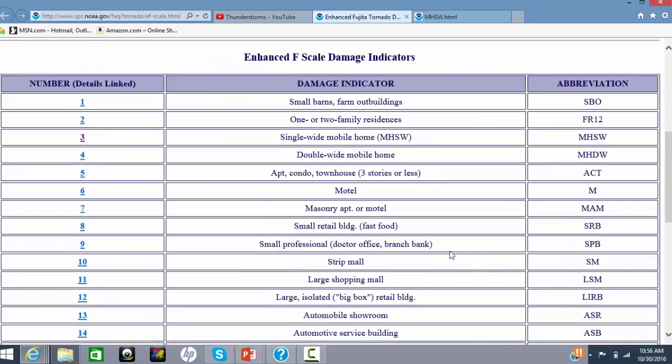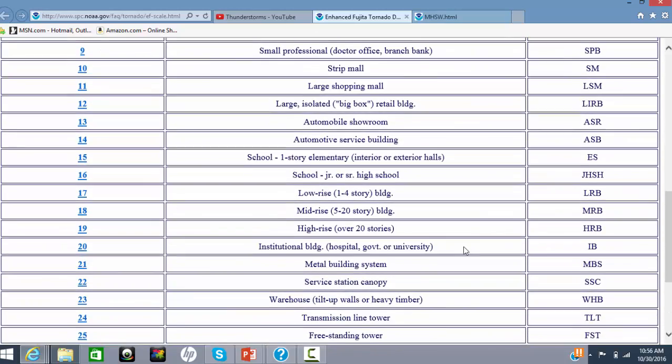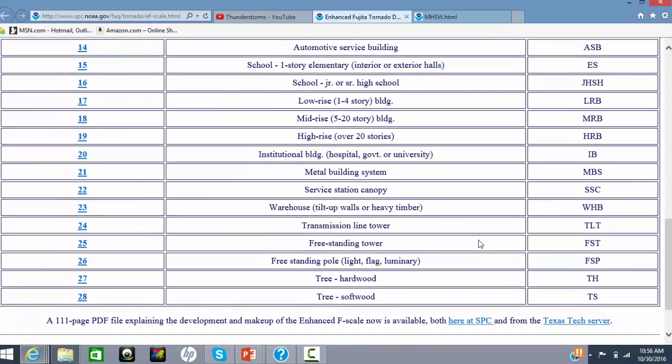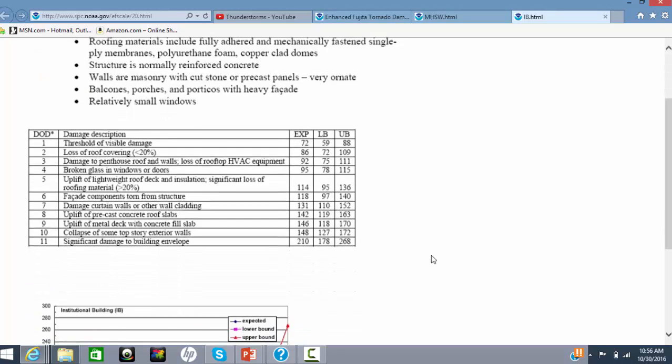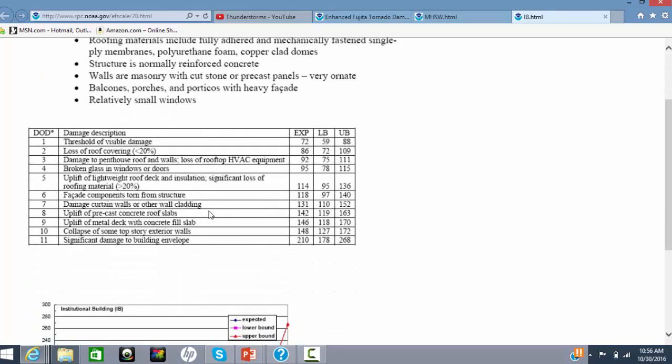All right, let's do another one. Now, this really happened several years ago. We had a tornado hit a hospital. So let's click on that one and go down. I'll tell you right now, in this particular case, there was significant damage to the building envelope.